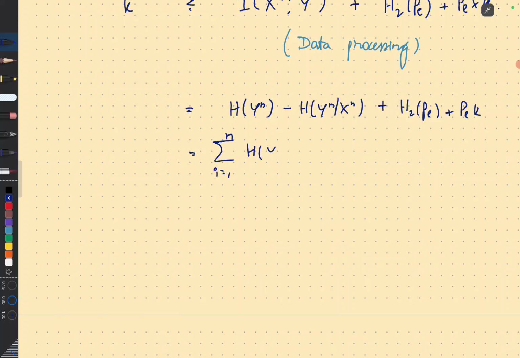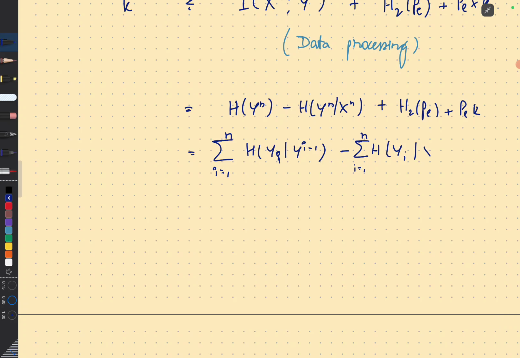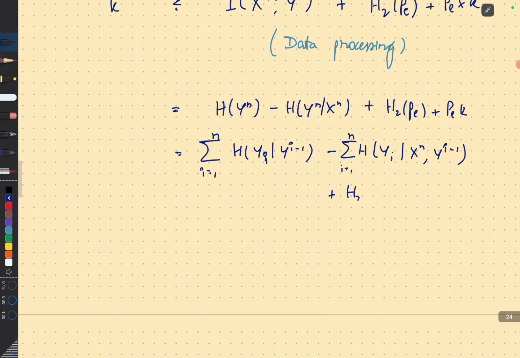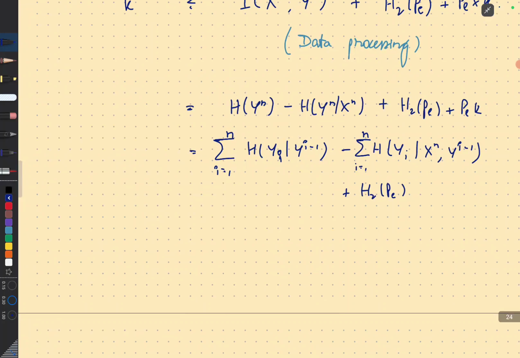Summation i equal to 1 to n of h of yi given y1 up to yi minus 1, minus h of yi given xn and y1 up to yi minus 1, plus h of Pe plus Pe times k.